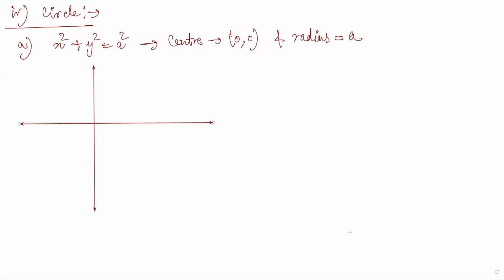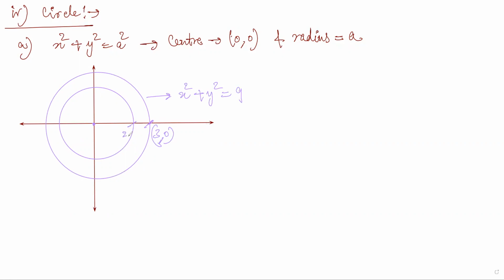So let's say this is 2D. This will be a graph something like this. This will be your origin. Let's say this point is 3. In that case, the radius is 3, so this will be x square plus y square equals 9.